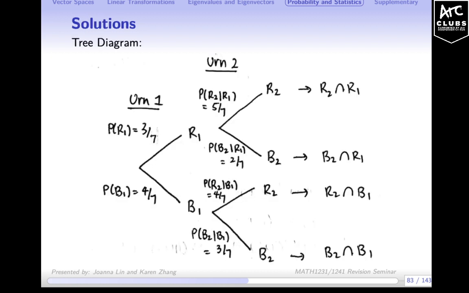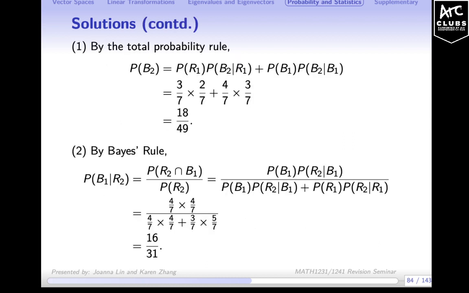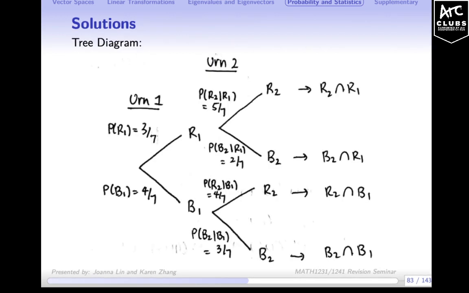Again, I've drawn a tree diagram. Please always draw a tree diagram. It's so useful. The first question is just your total probability rule again. The probability of drawing a blue ball from urn 2 is where you have the case B2.